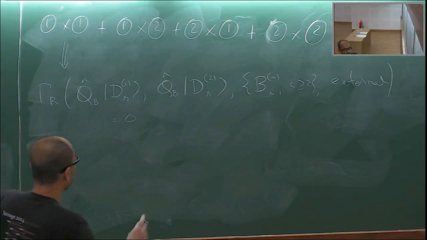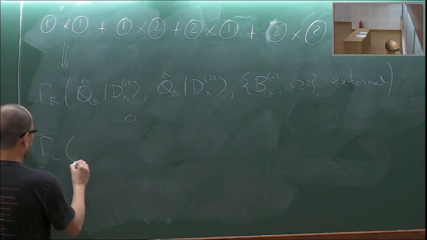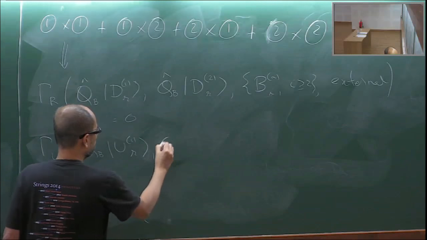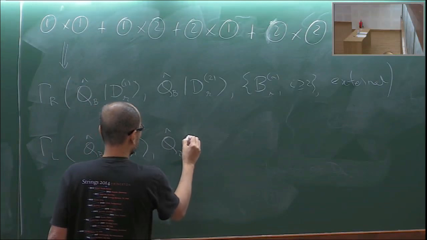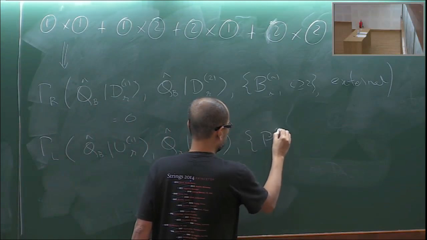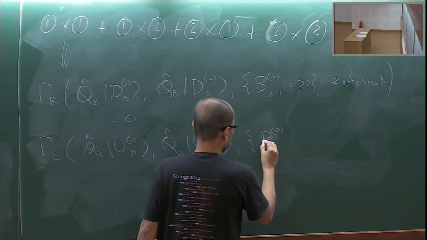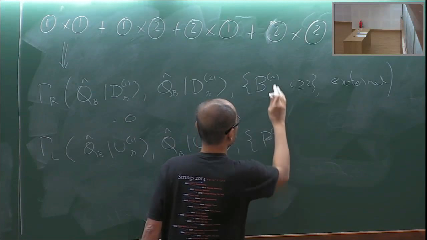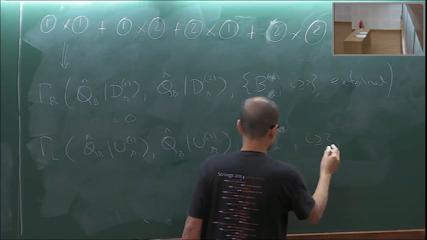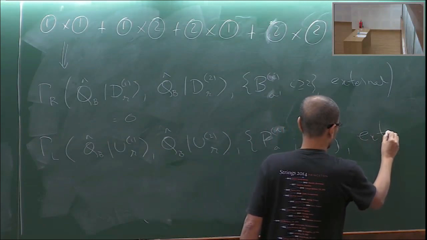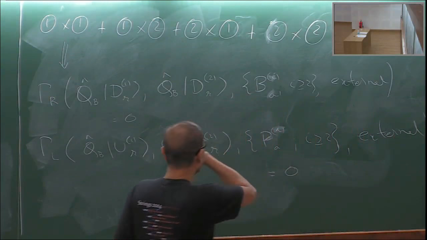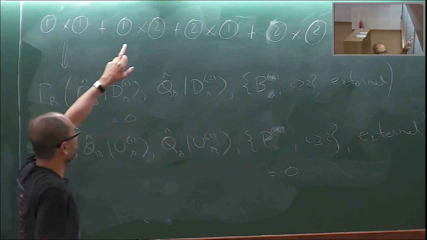Similarly 2 times 2 will vanish because of gamma L, because on gamma L the insertions will be QB hat U1R, QB hat U2R, PIA, sorry, PIA. So this is also 0. So the problematic terms are these 2, this and this.